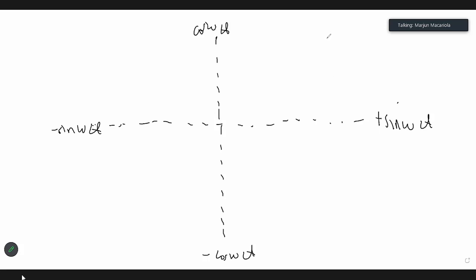So ito ay 1, 1. Ito ay 0, 1. Ito ay 1, 0. And this is your 0, 0. Okay? So this is your constellation diagram.